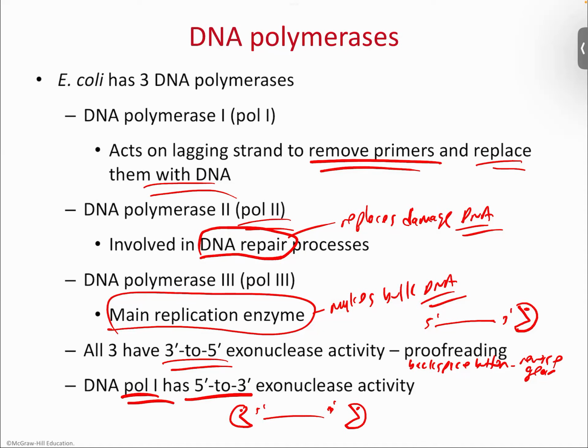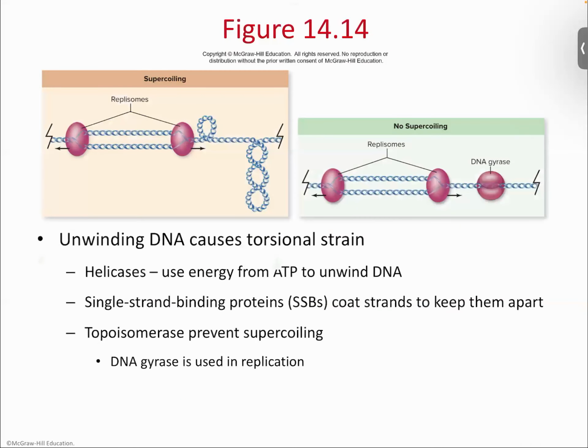But basically Pol 1 can chew either forward or backward, which is helpful because it has to remove stuff, either forward or backward. So that's an important idea, right? Because even while you're making your DNA, you're already starting to correct it. That's what that whole backspace button thing is telling you. So you're already cleaning up some of the mistakes that you know about.